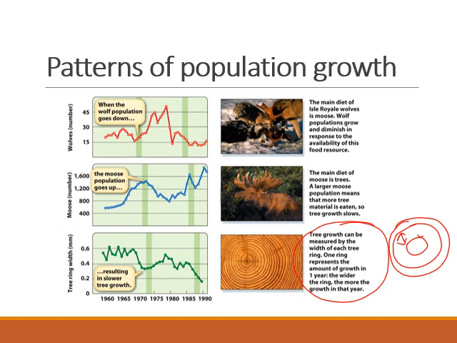So if it's wider, that means more growth in that year, which probably means that you had less moose, right? So you can see here, wolf population goes down, which means that the moose population goes up. And when the moose population goes up, our tree population probably ultimately decreases, but even more importantly, we have slower tree growth because they are just gnawing on all of these trees. So you can even track things like tree growth or plant density to be able to see how these two different populations are tracking together.